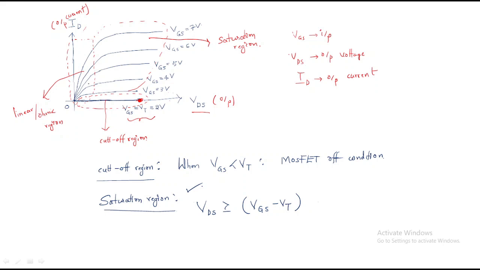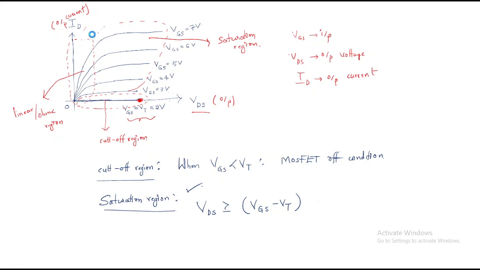The regions will be different. But here, whenever the current is zero, it is called the cutoff region. When the drain current is constant, saturated, it is the saturation region. When the output current follows the input linearly, it is called the linear region or the ohmic region.